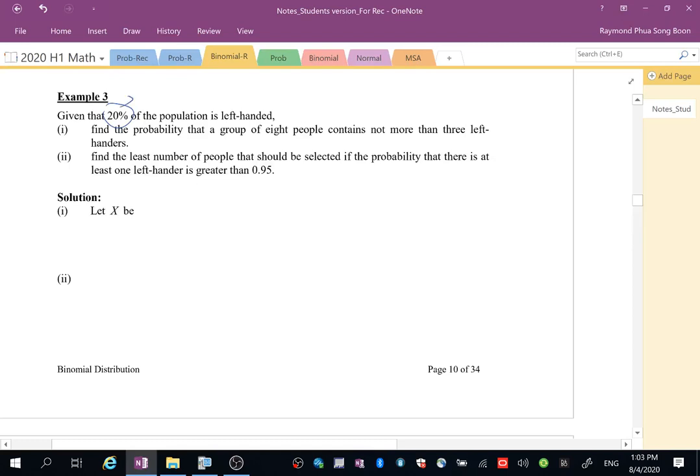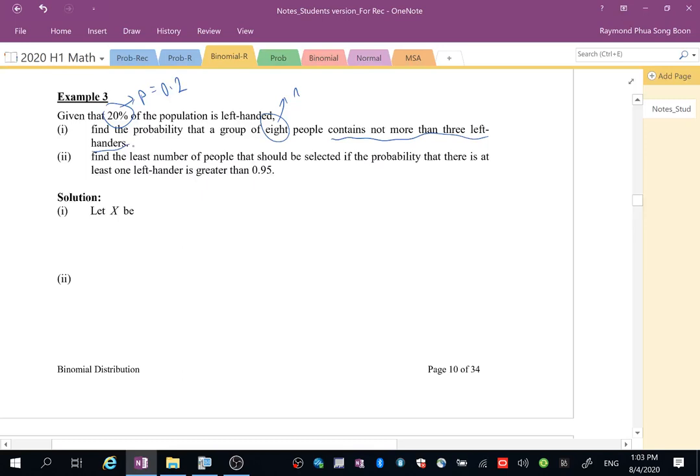We know probability has to be between 0 and 1, so convert to between 0 and 1: 20 divided by 100, which is 0.2. In part 1, you're asked to find the probability that a group of 8 people, so this will be your n, contains not more than 3 left-handers.